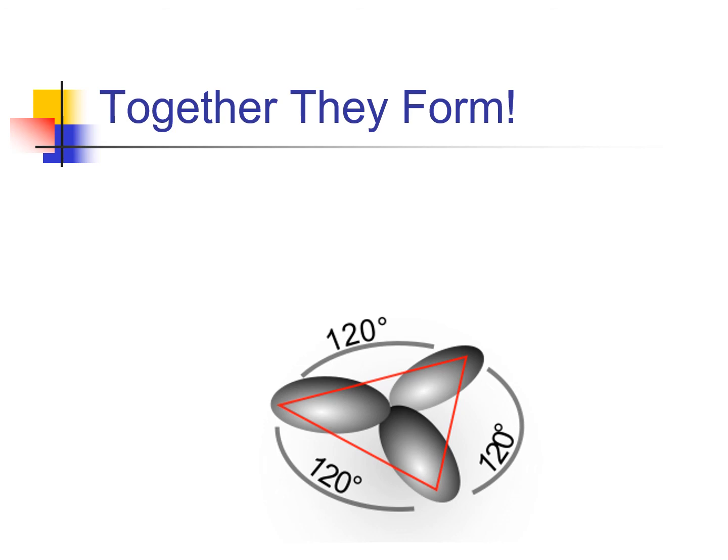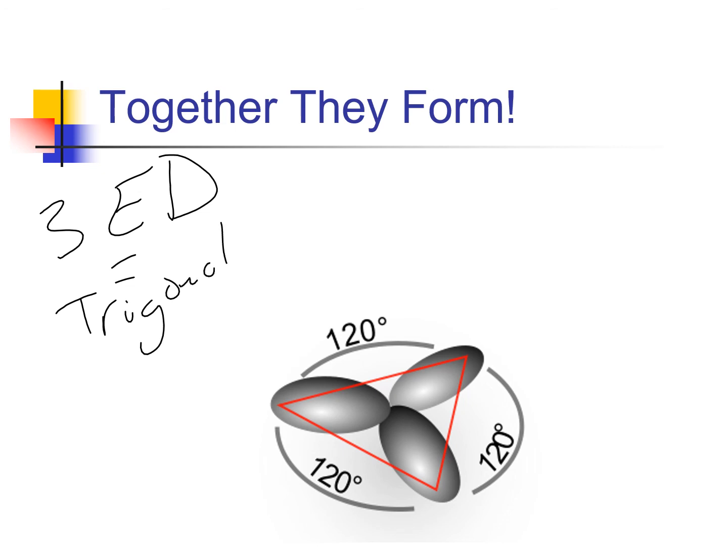That's trigonal planar. Trigonal planar was 3 electron domains. That equals sp2. Anytime we have trigonal planar, anytime we have 3 electron domains, we have sp2 hybridization. That's what you need to know.